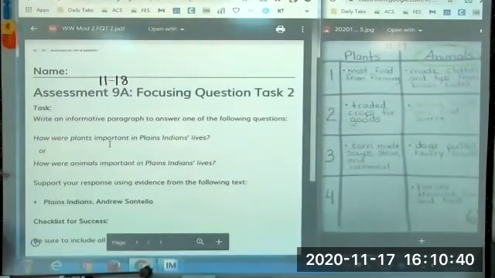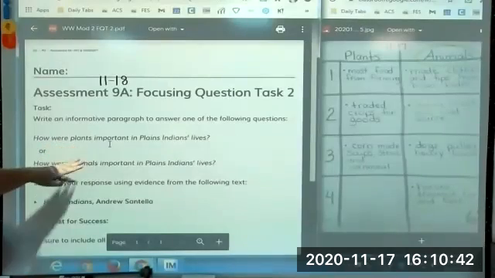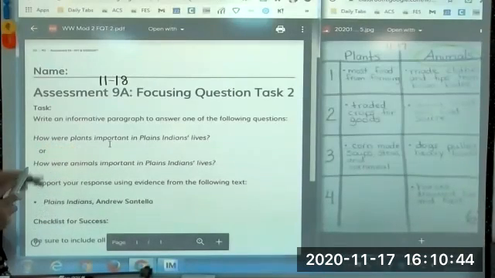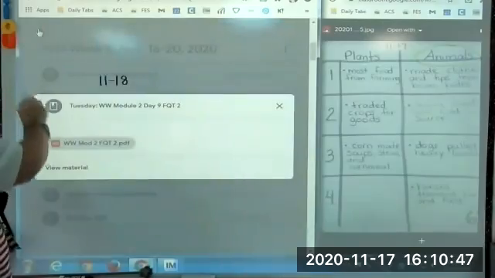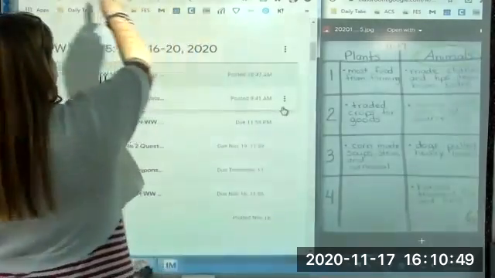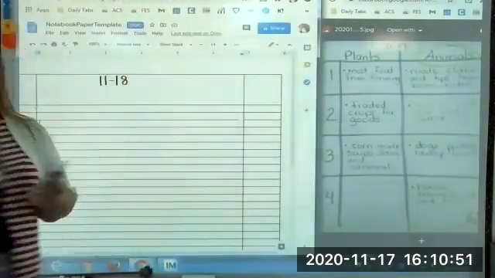Here it is. So how were plants important in Plains Indians' lives, or how were animals important in Plains Indians' lives? Well, again, I'm writing about animals.